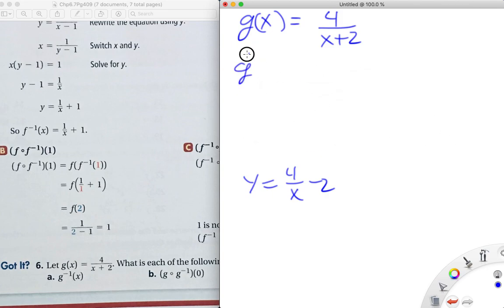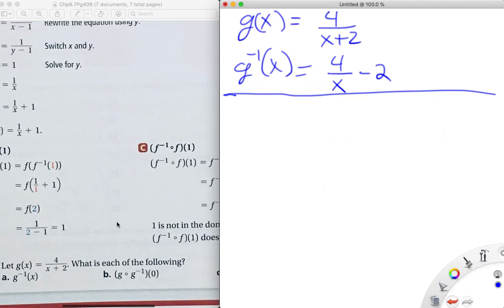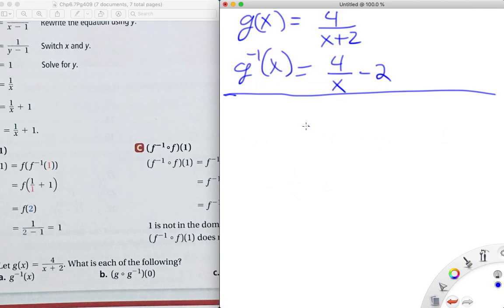So then I can say g of negative 1 of x is equal to 4 over x minus 2. Okay, 4 over x minus 2. So that's g inverse. They want to know what is g composite g inverse, or g of negative 1 of 0.